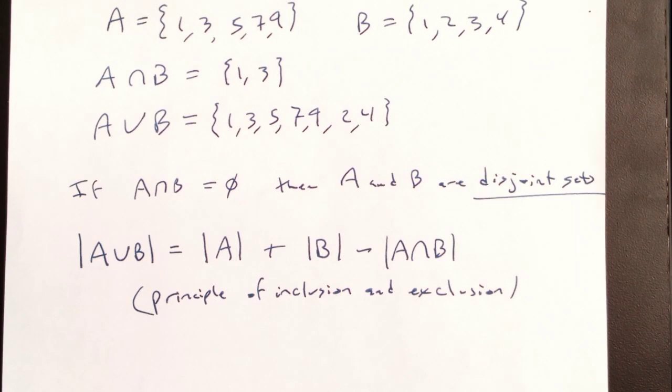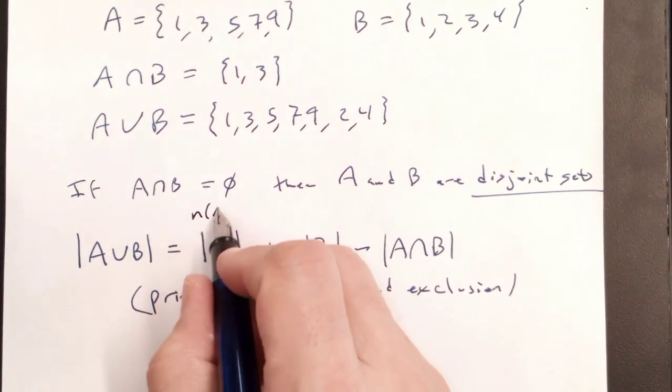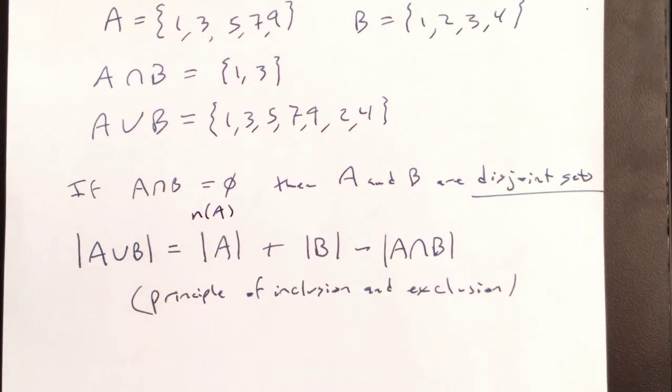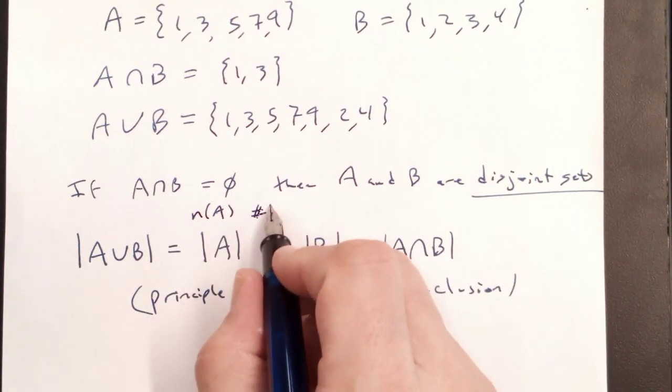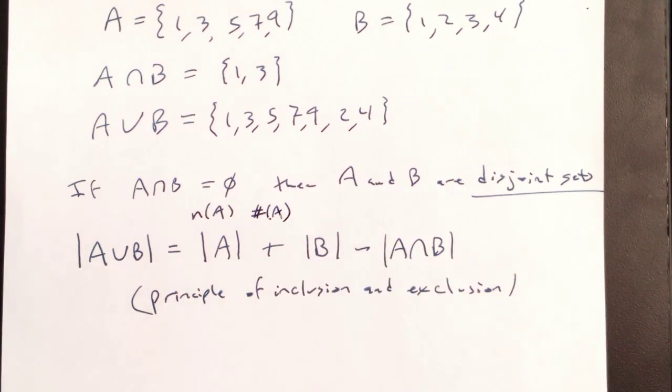Some textbooks use n for number, so we would write n of A, the number of things in A. And some older textbooks use the number sign the same way. But it's just how many things are there and how many different things. So that takes care of repetitions. More questions?